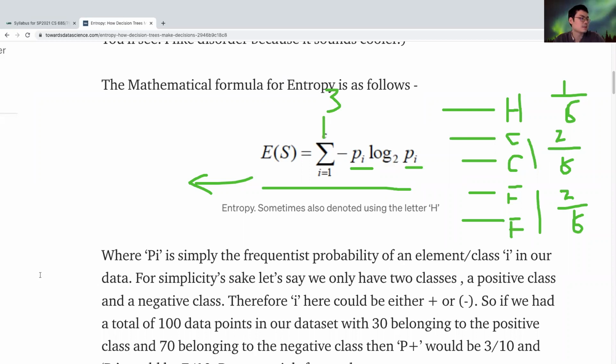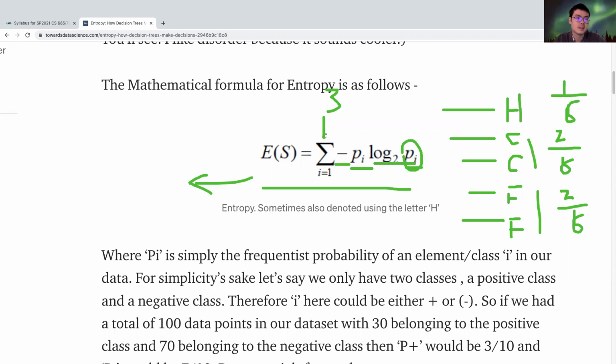Entropy value is always positive, by the way. The reason we have a negative sign here is because this probability is less than 1, and log of something less than 1 is negative, so you cancel this negative.